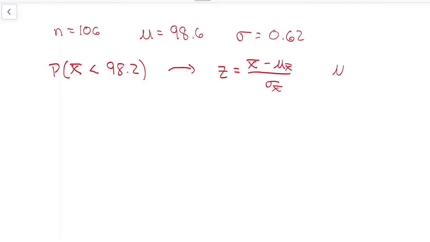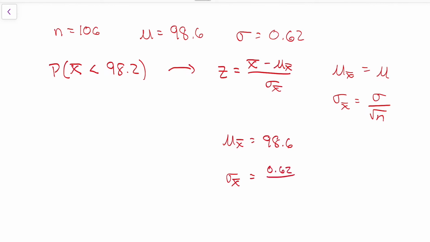Again, mu of x bar, the mean of our sample, is just mu, and the standard deviation of our sample is the original standard deviation divided by the square root of n. So we can compute this. Mu of x bar is going to be my original mu, that's 98.6. Our new standard deviation is going to be 0.62 divided by the square root of 106.